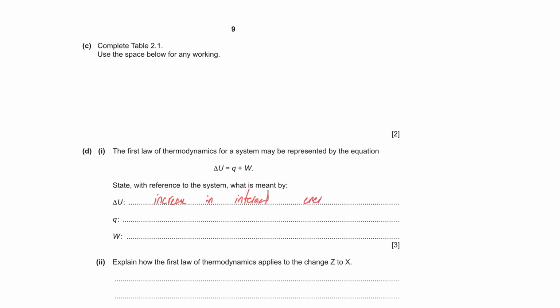Q is the thermal energy supplied to the system. W is the work done on the system.